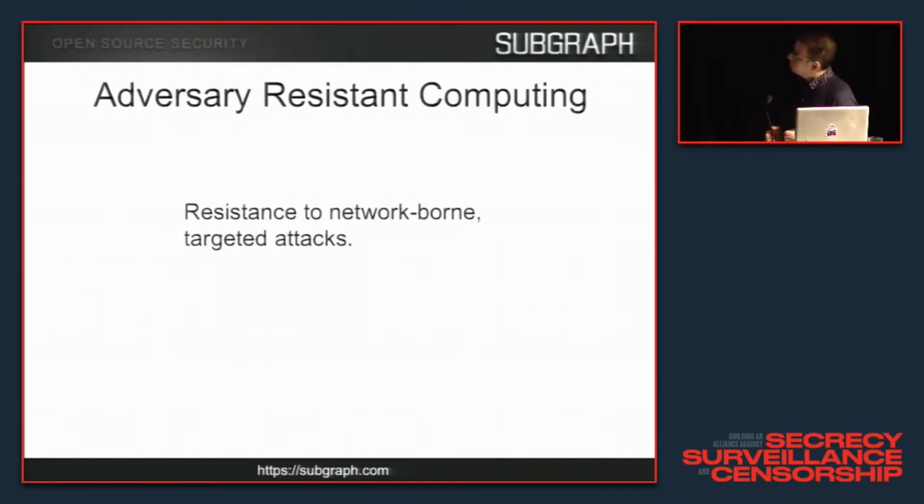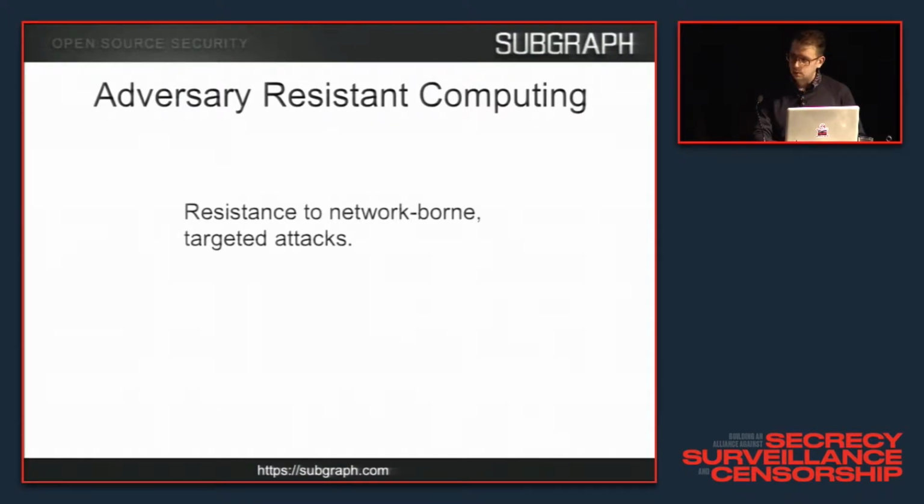As I defined earlier, by adversary-resistant computing we mean resistance to network-borne targeted attacks. We can't do much about burglary. We can't do much about physical security because we don't make hardware, and we're not in everybody's homes, thankfully, to prevent burglaries. We are software security people, so we are trying to address the threats to software by network-borne adversaries who conduct targeted attacks.